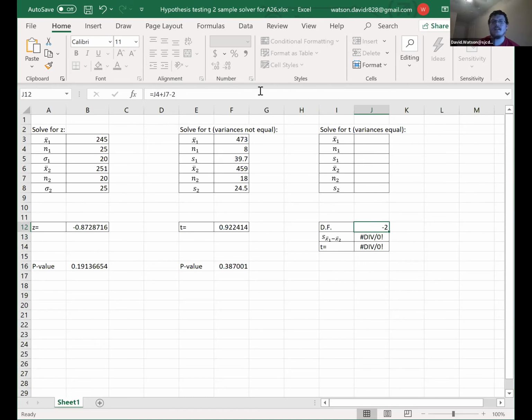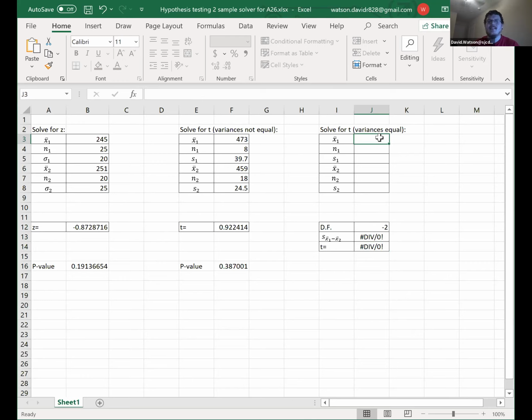The top one though actually calculates the degrees of freedom for you. So it just does the N1 plus N2 minus 2. That was on the first page of the notes. It will do that part for you. This last spot down here is the t-value that we're going to get. But that middle spot is just a step in getting the t-value. Just appreciate this nice long formula and appreciate the fact that y'all don't have to do it because I already did it for y'all. And appreciate the fact that we're using Excel and y'all don't have to do that by hand.